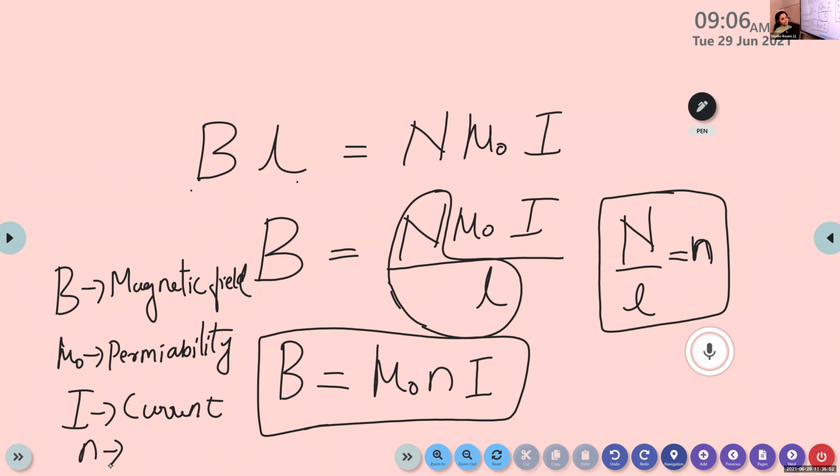It is the number of turns per unit length. So this is the equation for the magnetic field produced by the long solenoid. Is it clear?